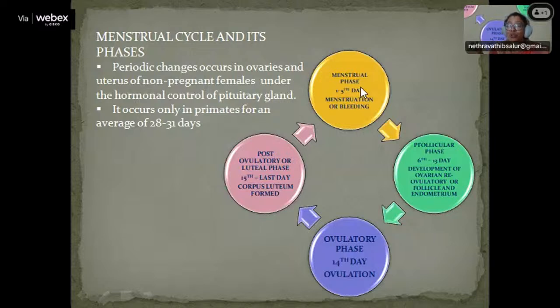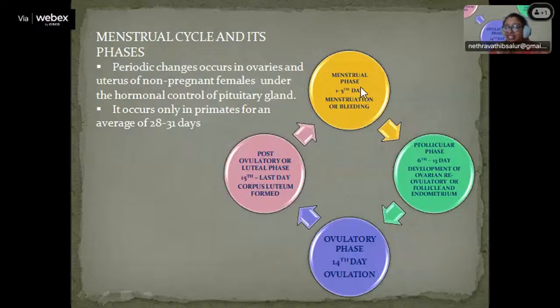The endometrium is going to be shed off, which results in bleeding or menstruation. This starts from the first day to the fifth day, and it is because of the failure of fertilization of the ovum. So the first phase is the menstrual phase, which starts from the first day to the fifth day. It is characterized by the menstruation process.